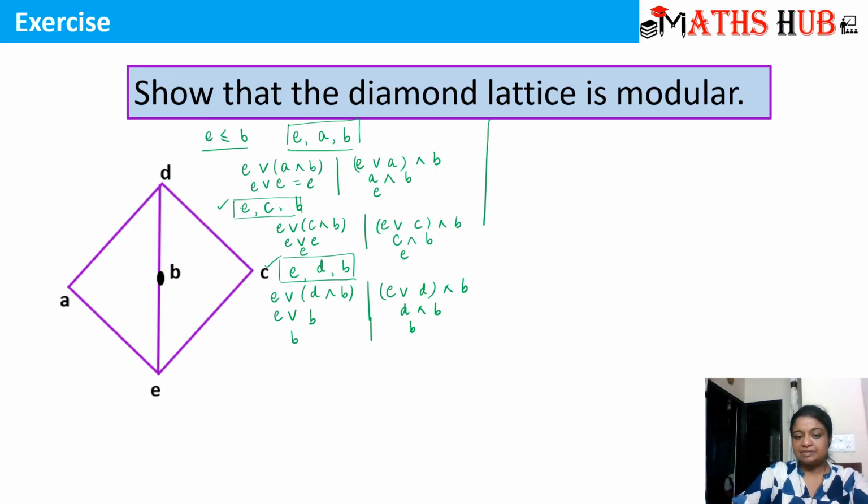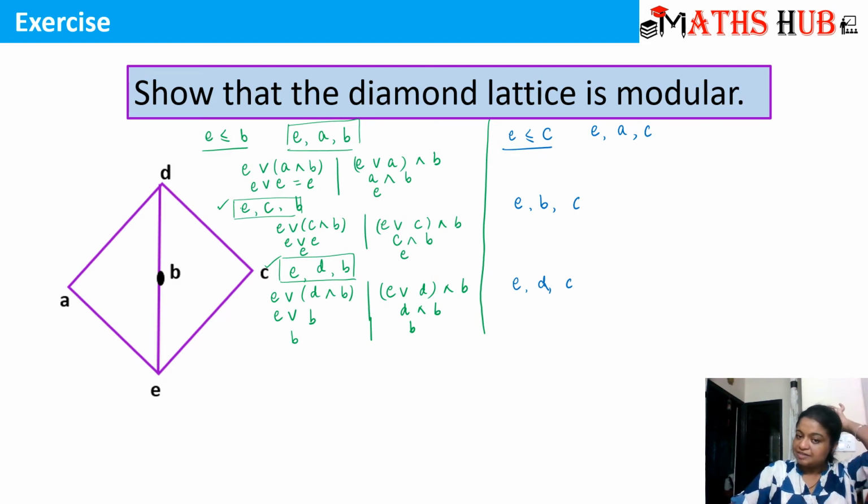Now, let's pick up the next pair. So what can be the next pair? Now we can choose E less than equal to C, right? And which elements can we pick up now? We can pick up E, A, C, we can pick up E, B, C, and we can pick up E, D and C, right?